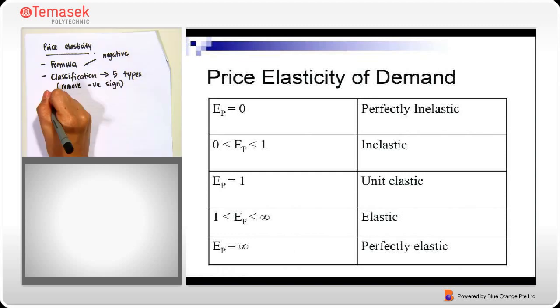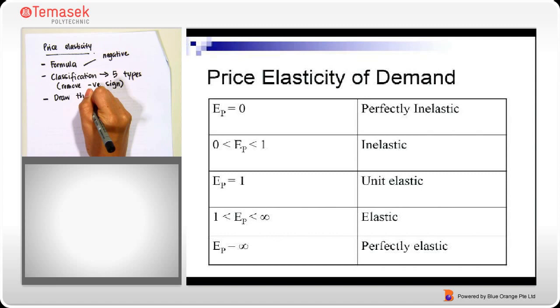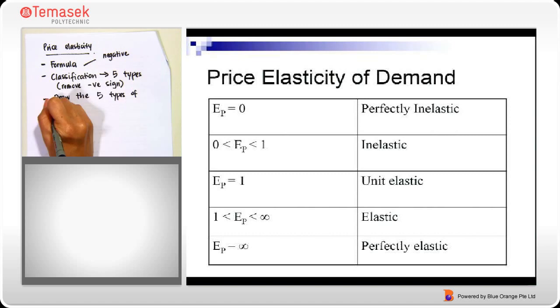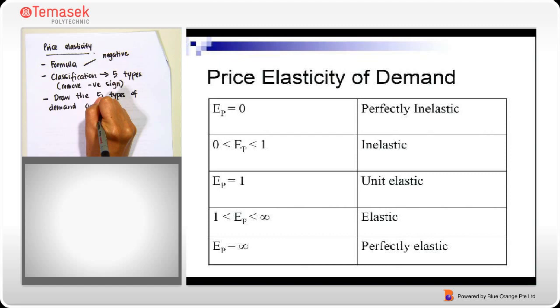After classifying, you will also need to be able to draw the 5 types of demand curve, meaning perfectly elastic, inelastic, unit elastic, and so on, all the various types of demand curves.